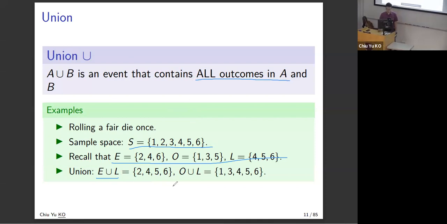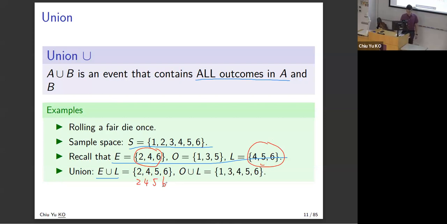How do we do it? We just copy everything: what elements are in E and what elements are in L. We have 2, 4, and 6. In addition, we have 5.